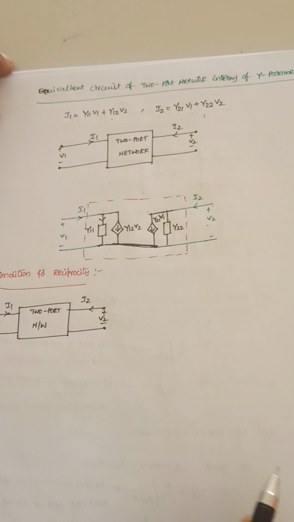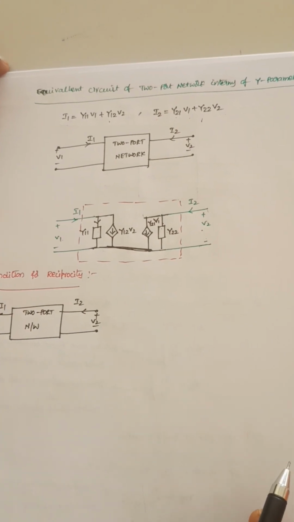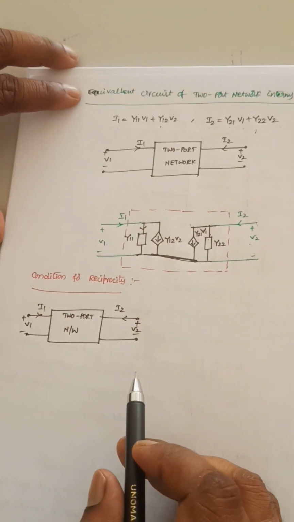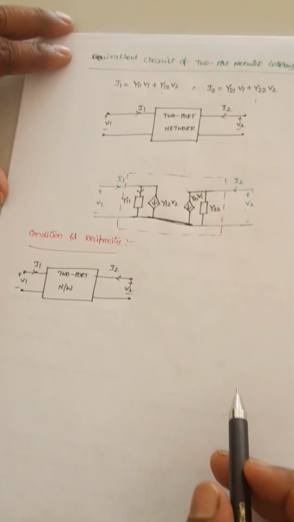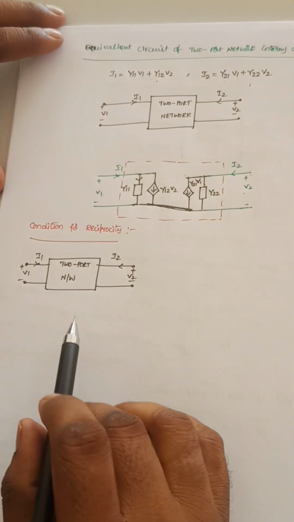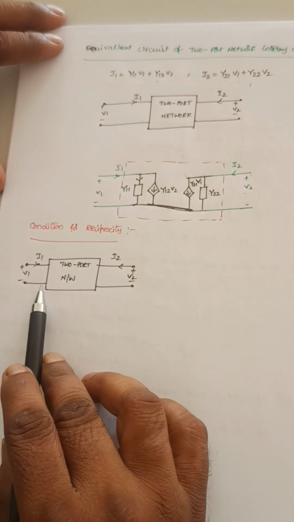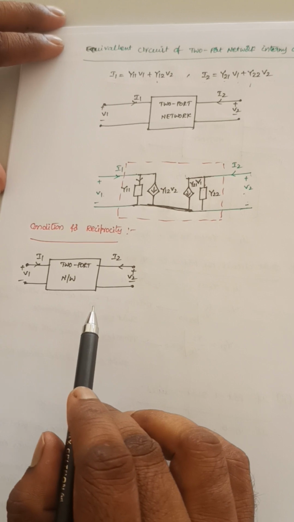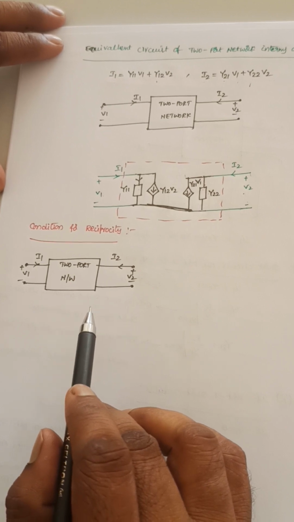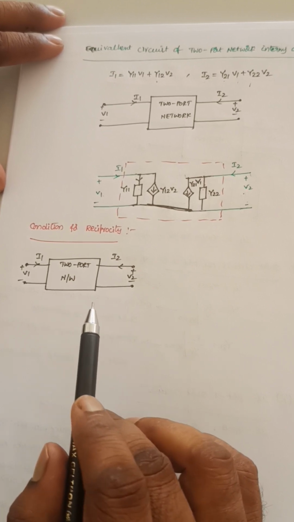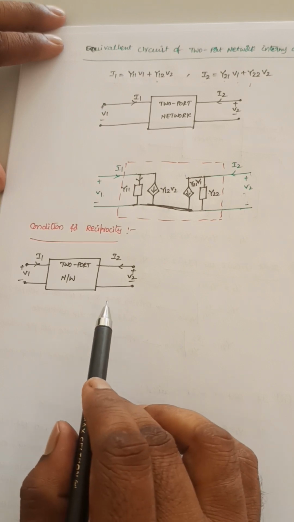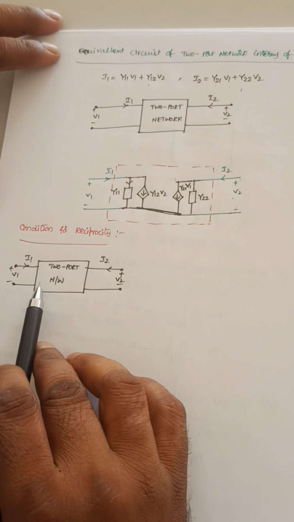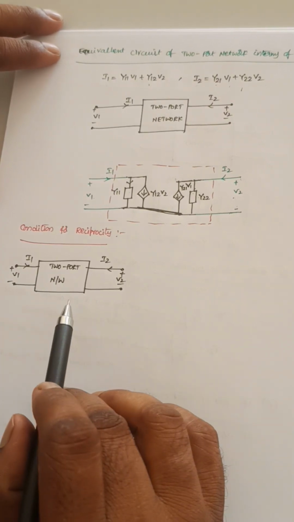According to the reciprocity theorem, the network is said to be reciprocal if the ratio of excitation at one port to the response at the other port should be equal even when the excitation and response are interchanged.